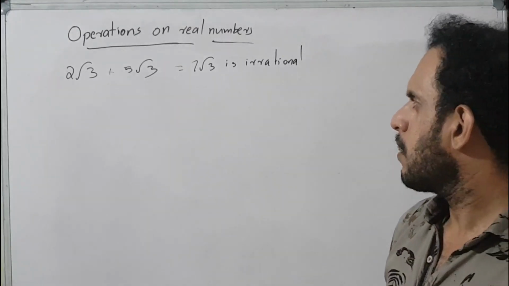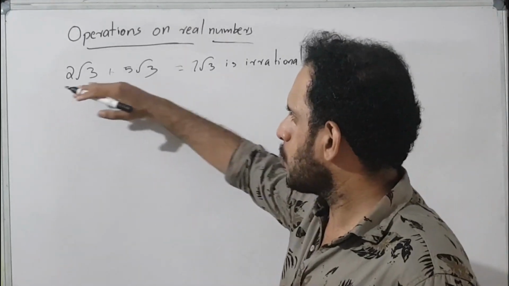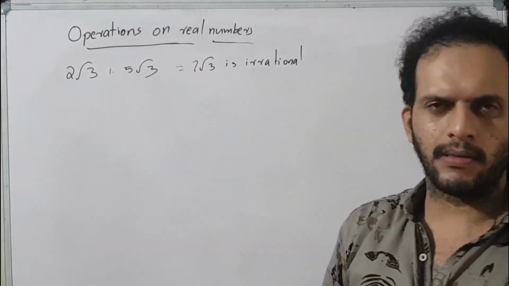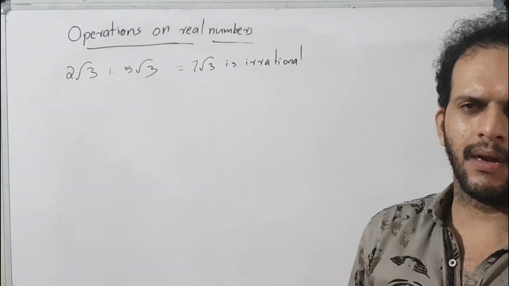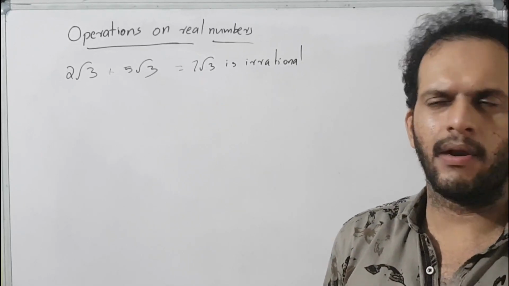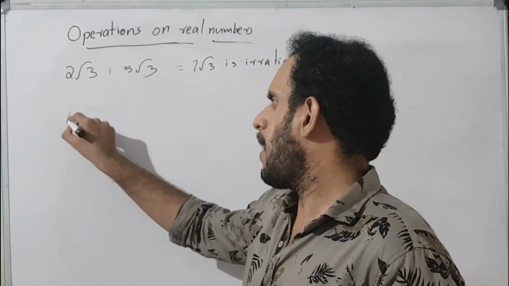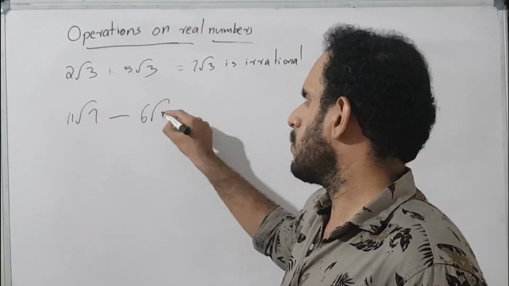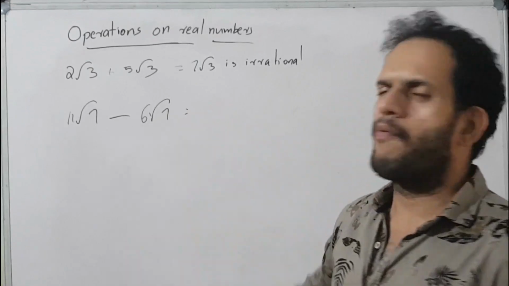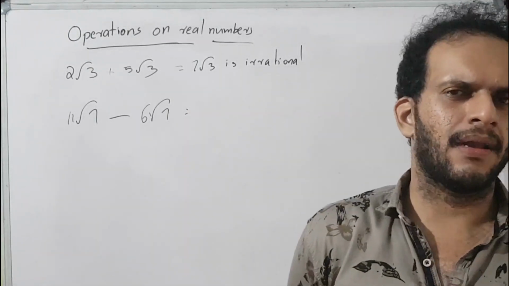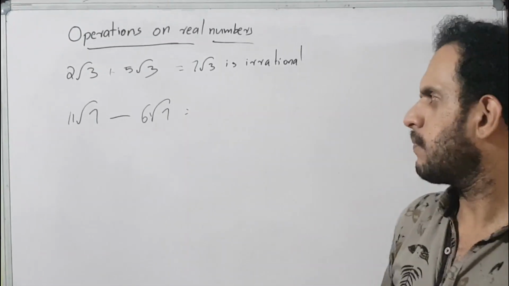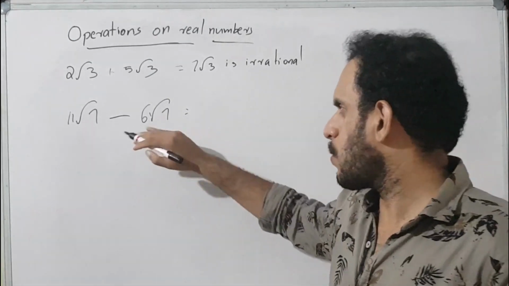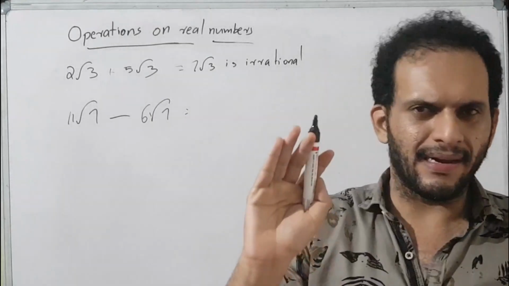The next: if we add two irrational numbers, the result is also irrational. Correct? Then 11 root 7 minus 6 root 7. 11 root 7 is a product of rational and irrational, so it's an irrational number. 6 root 7 is also irrational.